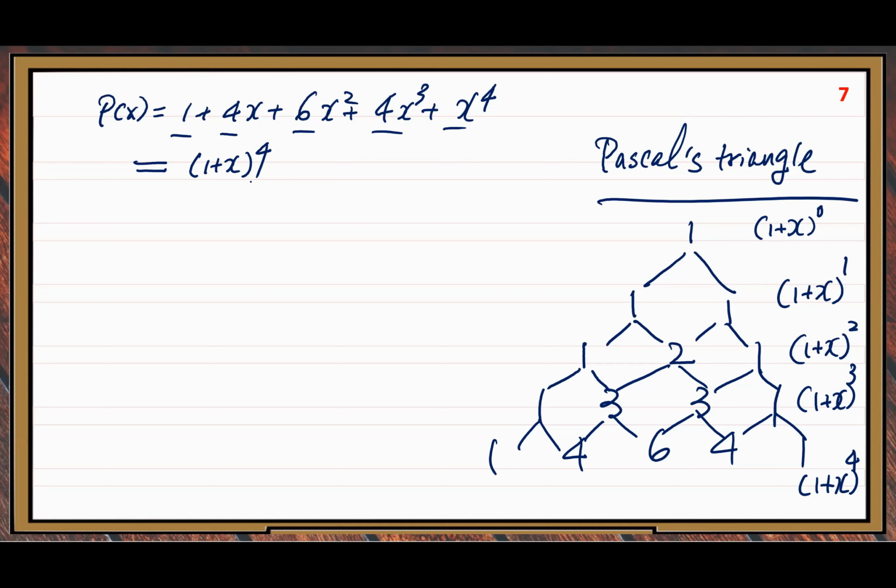Repeated squaring, this one, we need 2 multiplications, not 3. Much better, yeah. So you can see, if we consider some special structure here, Pascal's triangle, that special structure, then you can reduce the number of multiplications. Think about that. All right, so that's it.